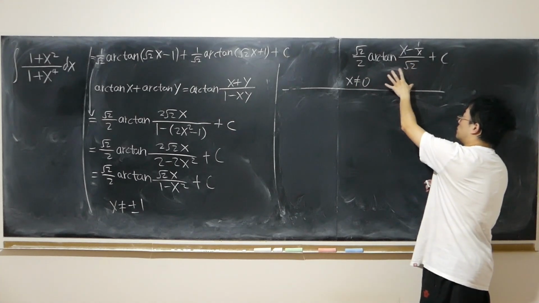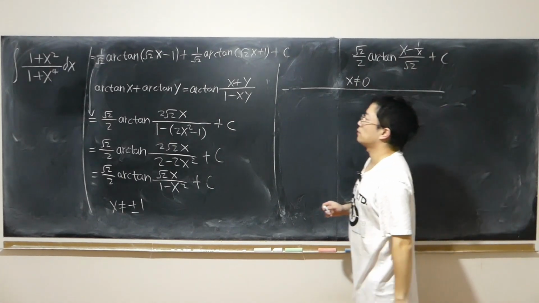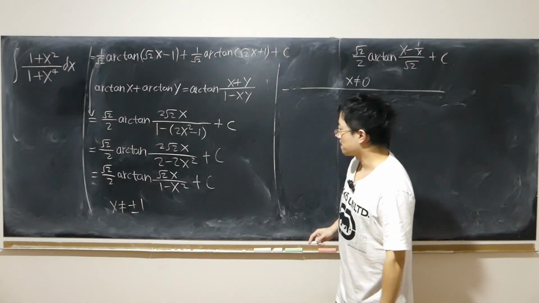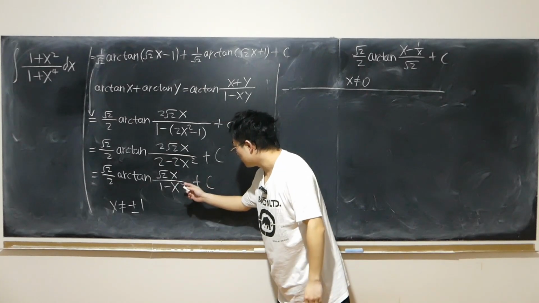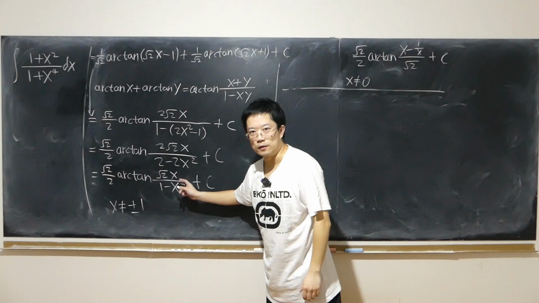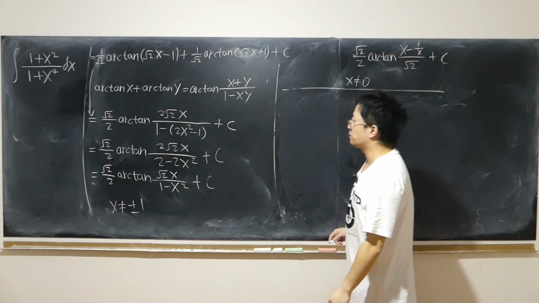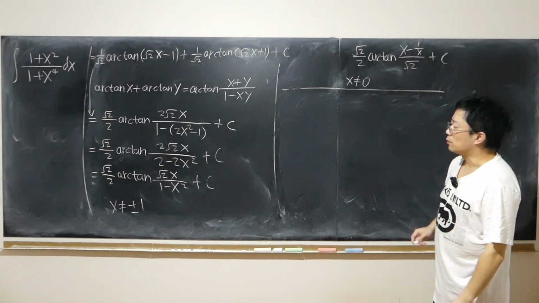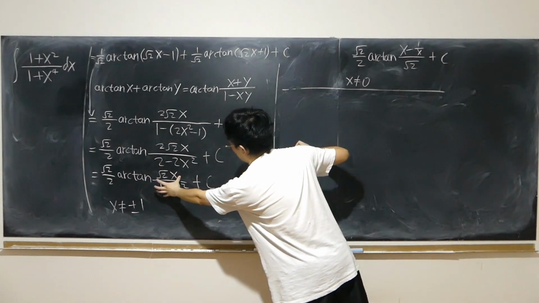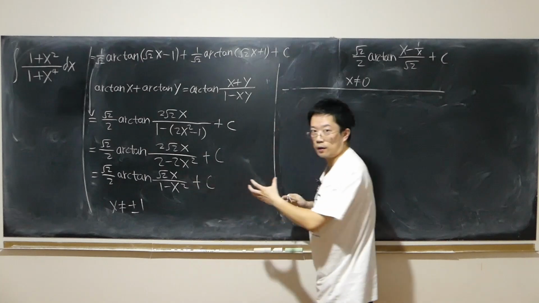So the derivative of this is straight up that, and differentiating this also gives you that, right? Just skip over the algebra details. Which means they should be equal, just differ by a constant, right? But they don't look like so.